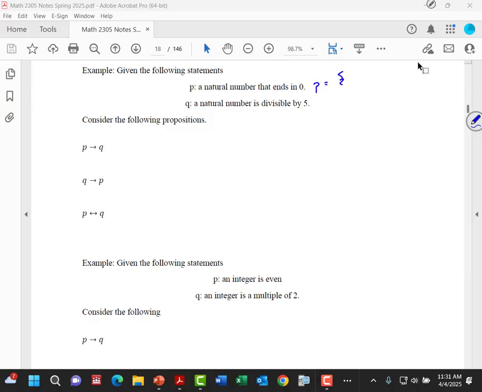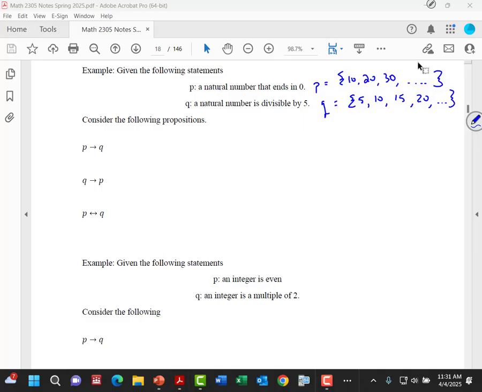A natural number that ends in 0, so 10, 20, 30, etc. And Q is a natural number that is divisible by 5. Well, if it's divisible by 5, then that means it ends in 5 or 0, so etc.